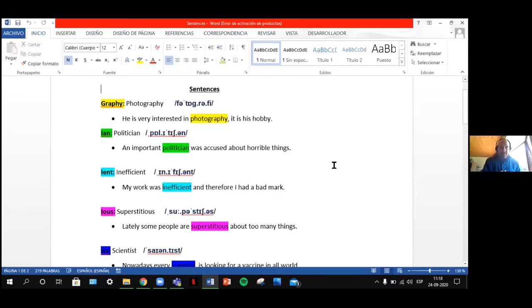So the first one is photography, then politician, and the next one, if you read the transcription, inefficient, right? It's interesting. Inefficient.